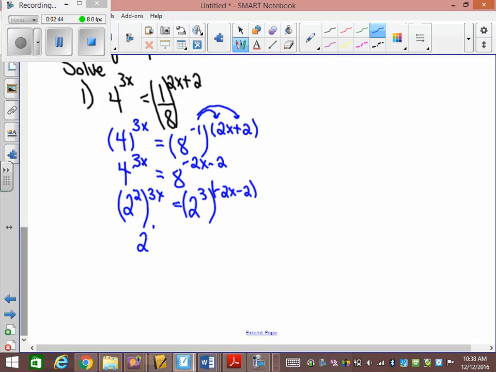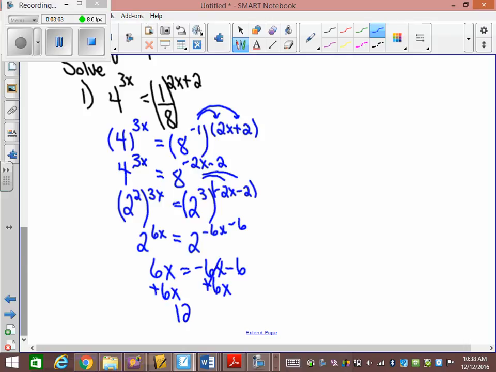So we're going to get 2^(6x) equals 2^(-6x-6). Once you have the same base, you can write the exponents equal to each other. So 6x equals negative 6x minus 6. Add the 6x. We get 12x equals negative 6.